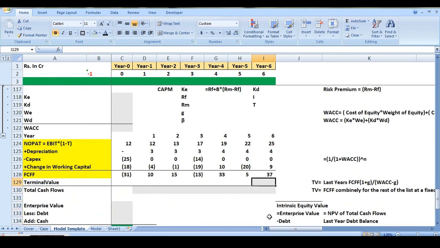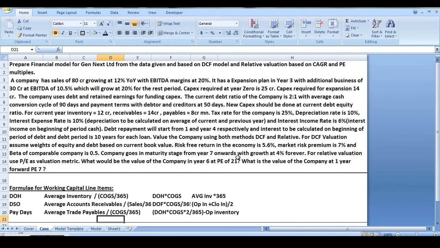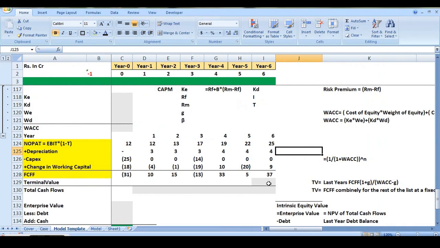Terminal value basically is equal to the cash flow value for the remaining periods or remaining life of the organization, wherein the organization has achieved the maturity stage and is going to grow at a constant rate instead of having fluctuations.